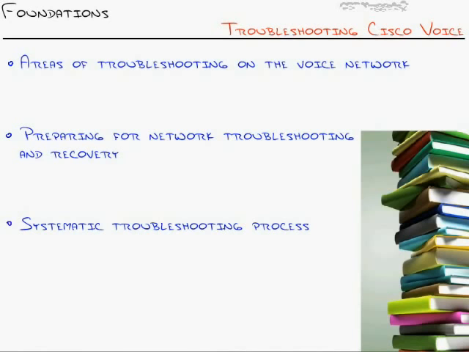We also looked at preparing for network troubleshooting and recovery. What information do you have to have in place? Like a good logical and physical diagram. You should have the baseline of network performance and what the network normally performs like and looks like. All of those, in my mind, in a digital format that can be changed and updated when you need to. Then finally, we walk through the systematic troubleshooting process, which is more a habit than it is a step system, to get into a way of thinking as you approach these problems.